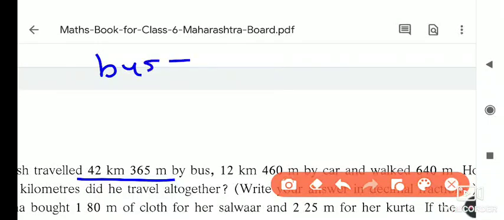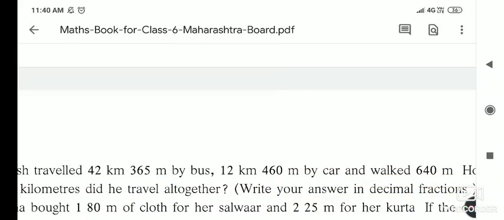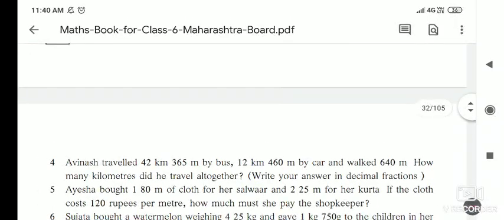That is 42. Here we have to give the headings for this. Now we have to solve this question. In this question, that boy is traveling distance by bus, by car, and he walked.